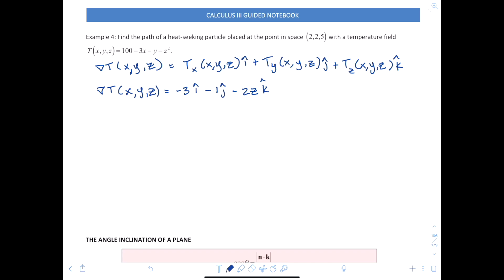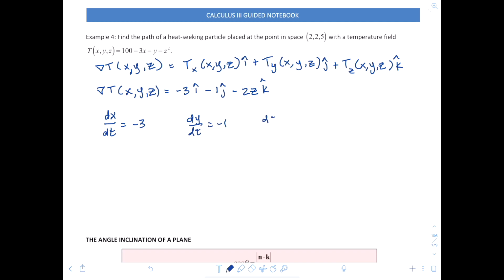So what we have here is that the instantaneous rate of change of x with respect to t is -3. The instantaneous rate of change of y with respect to t is -1.